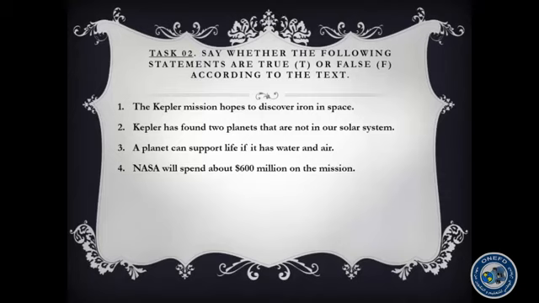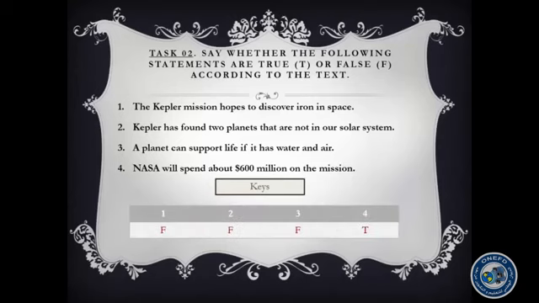So let's take a look at the answer. So the first sentence, the Kepler mission hopes to discover iron in space, is false. Second, Kepler has found 2 planets that are not in our solar system.